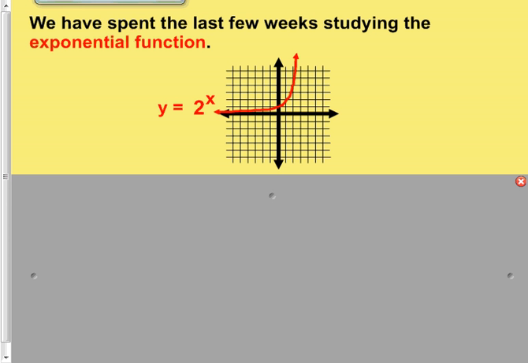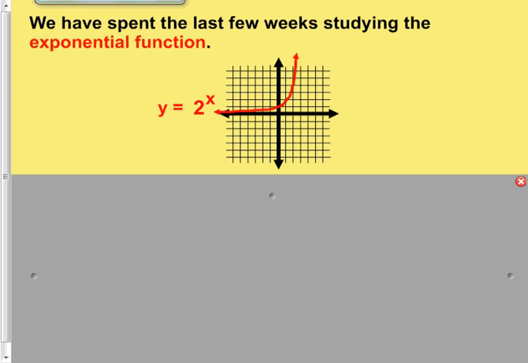Okay, now flashing back just a little bit, we've spent the last few weeks studying the exponential function. Well, this is a particular representation of one of the parent functions, kind of the most basic parent function dealing with the exponential.